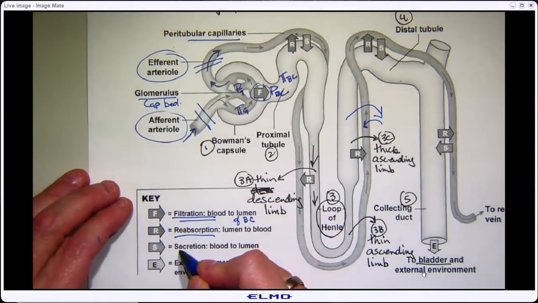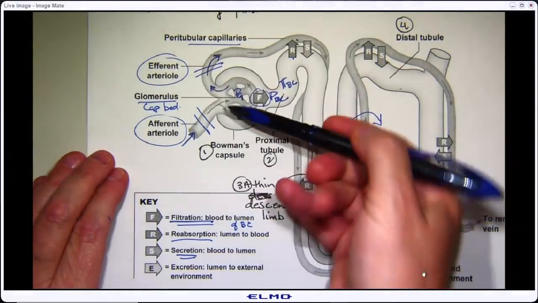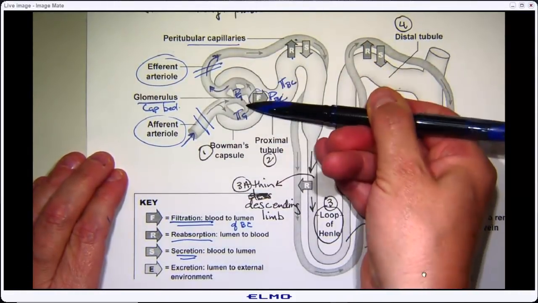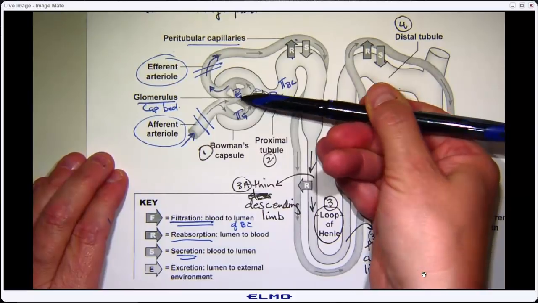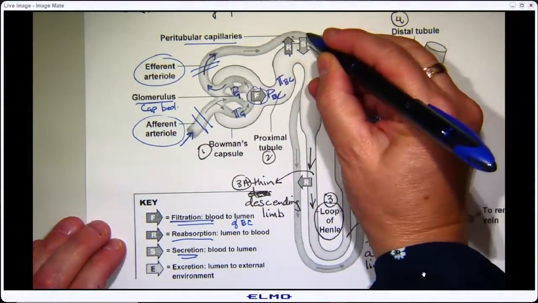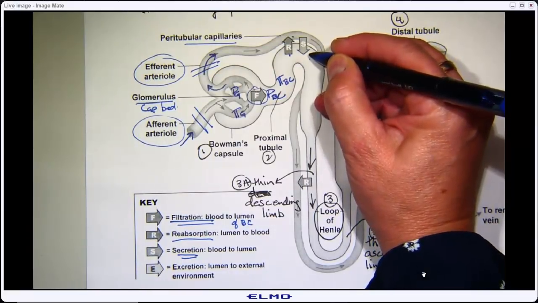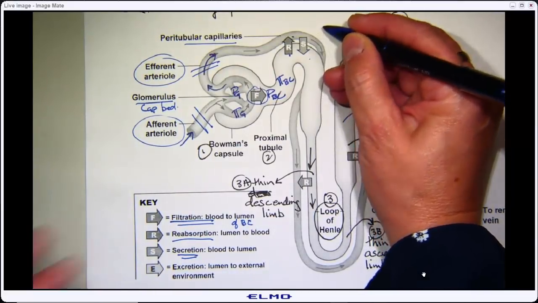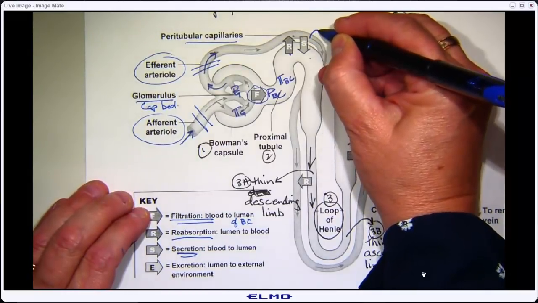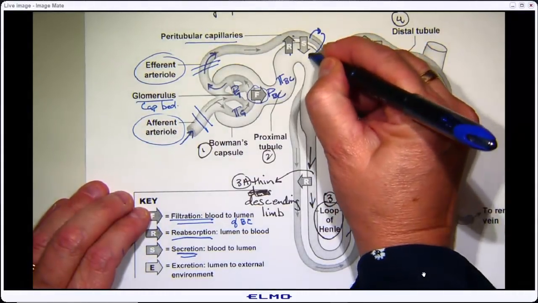Other language here that we haven't dealt with before: secretion. Secretion can occur here as well. In places other than the Bowman's capsule and glomerulus, we can get movement of products from the blood into the tubule, from the bloodstream into the tubule. They've got it here as a one-step process. That is not true. If we're going to secrete something, it's got to go into the interstitial space, and then into the tubule.